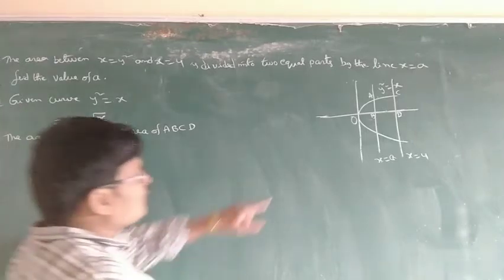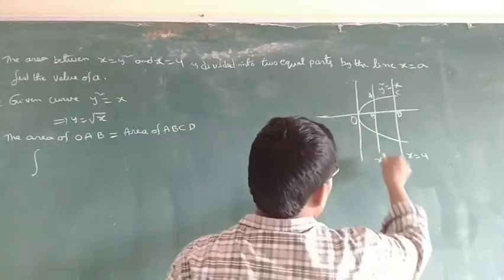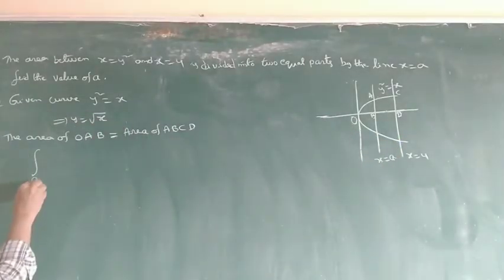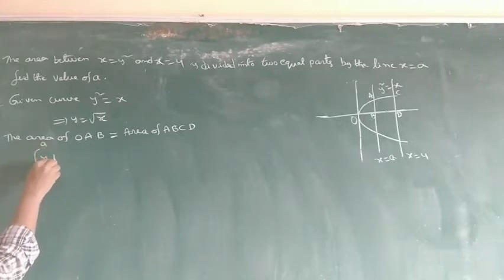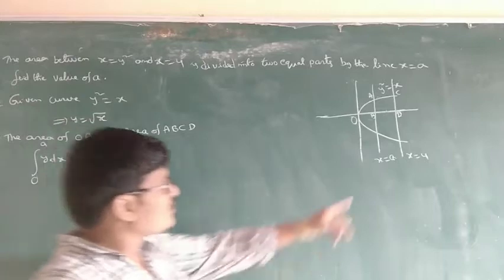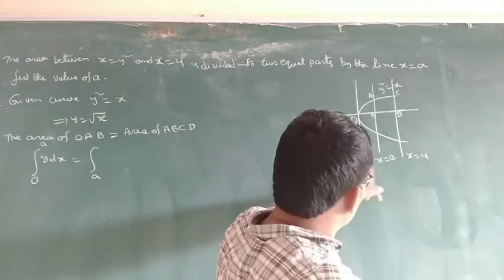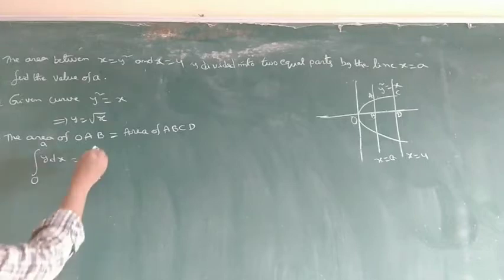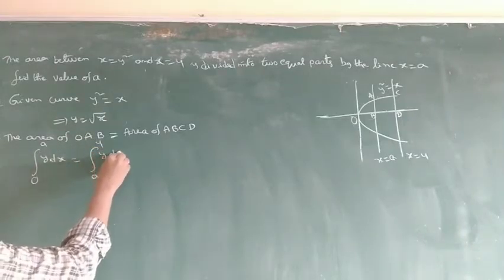So the area OAB is from 0 to a, the integral of y dx, is equal to the integral from a to 4 of y dx.